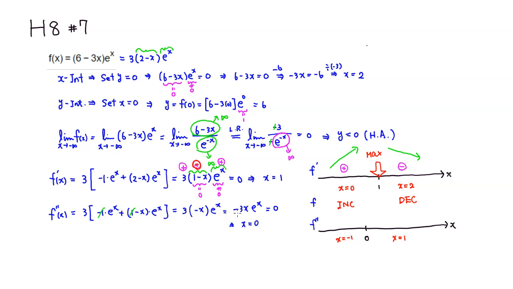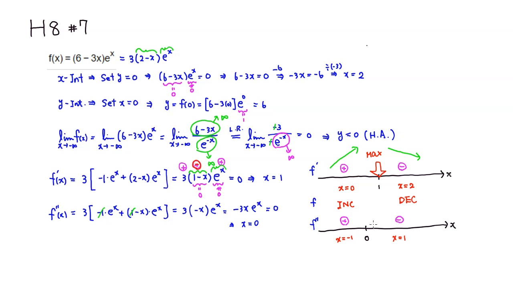Here you have -3, a negative number, and you try -1, so that's going to be positive. e to the x is positive, so it's going to be positive. Then after 0, you plug in 1. So -3 times 1 times e is still negative.